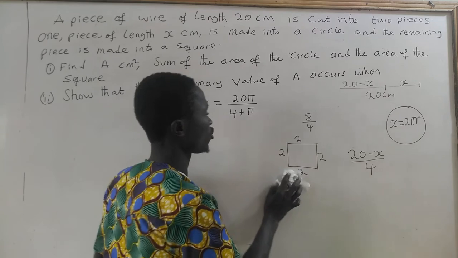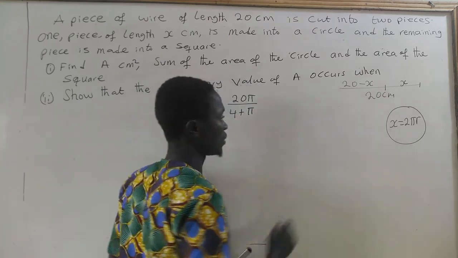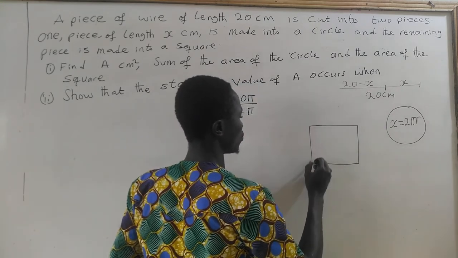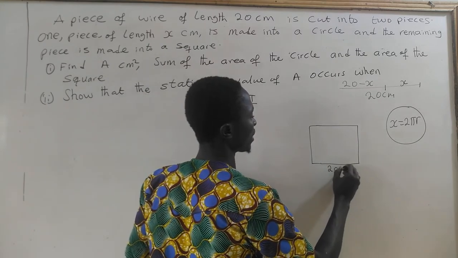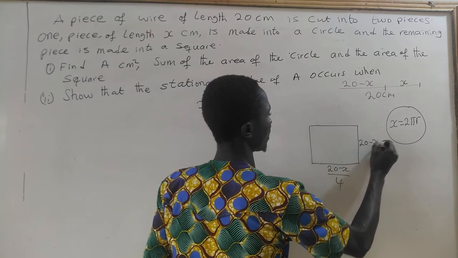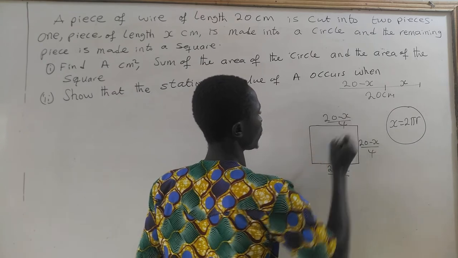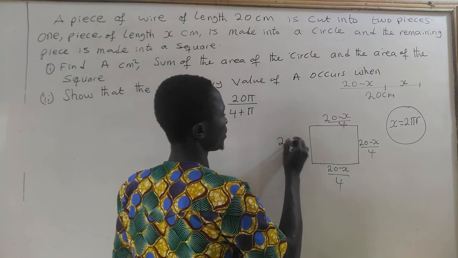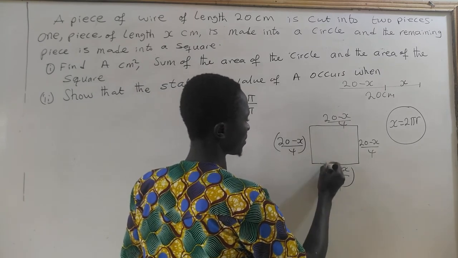So now, let us form the square. This will be our square. I'm not good at drawing, but that's my square. So each side will be 20 minus x divided by 4, all in centimeters.